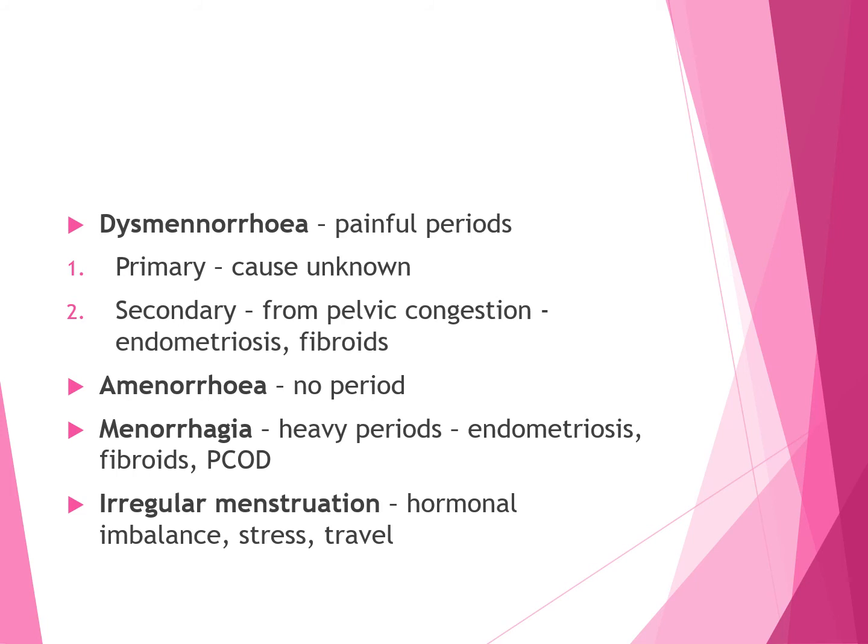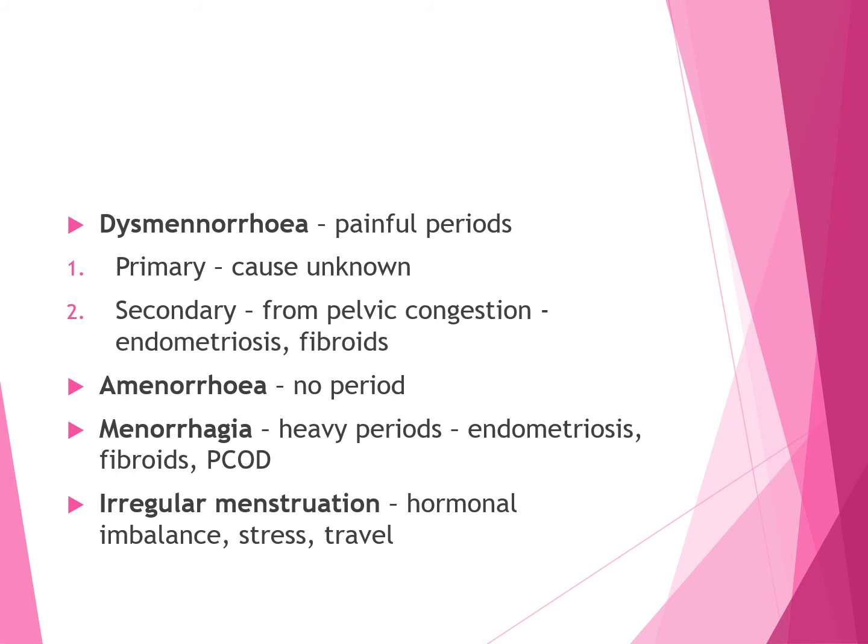All the complaints vanish. The primary cause of dysmenorrhea is unknown, but it is because of weakness of the genital system or muscles, weakness of the uterus, uterine muscles, narrowing of the cervix.